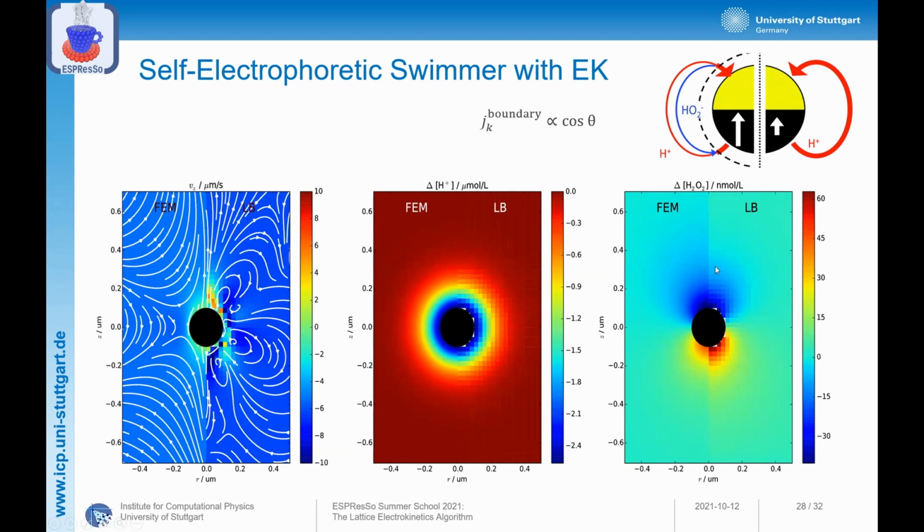So you see that here it gets depleted, and here it gets created. Also for the hydrogen ions, we did the simulations with our electrokinetics model and also with a finite element model. And you can see that the finite element model, which is in those cases much more exact, basically shows that our model is a really nice approach to these results.